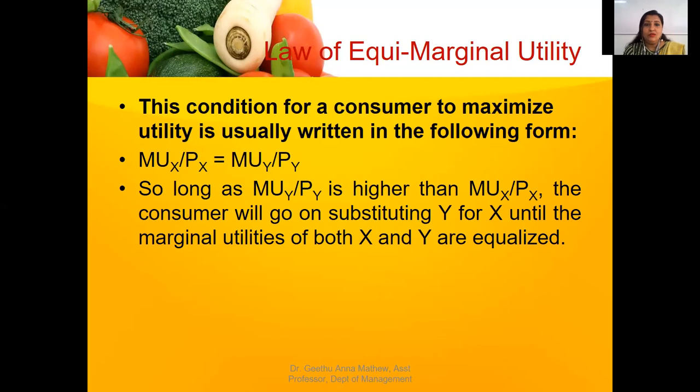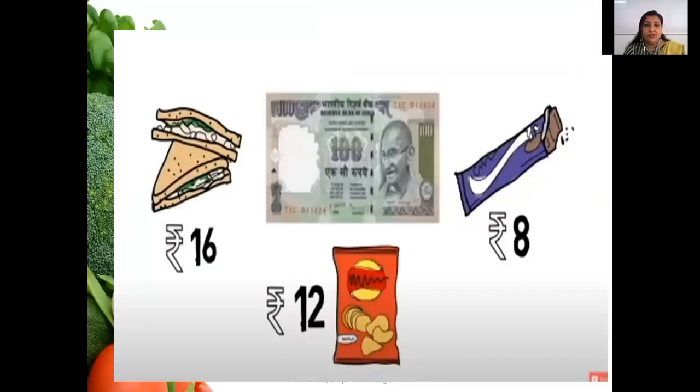When I explain in this theoretical way, some of you might still be confused, so I'll explain with a very simple example. Let's imagine that you have 100 rupees with you. You're going to a supermarket to purchase some products. You decided to purchase three products: a sandwich, a chocolate bar, and a chips packet.